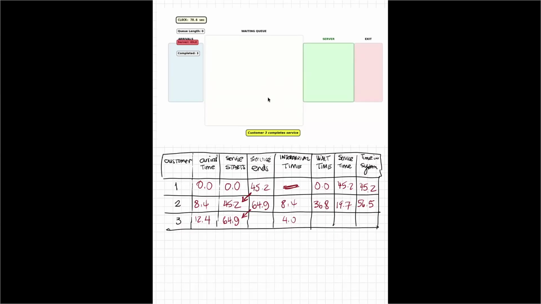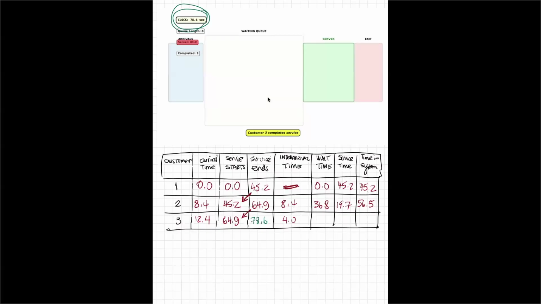Okay, we have copied the table and we're being told now that the third customer is finishing at time 78.6. Here's the 78.6. So customer 3 completes and exits.